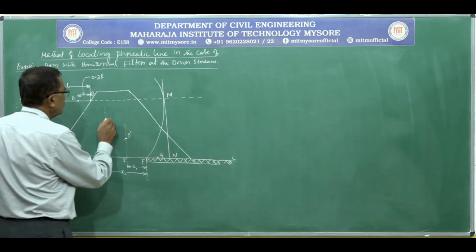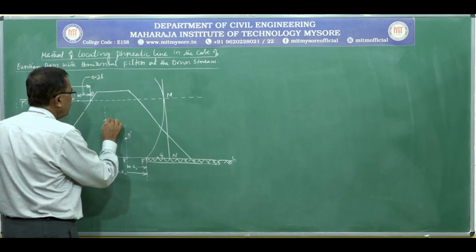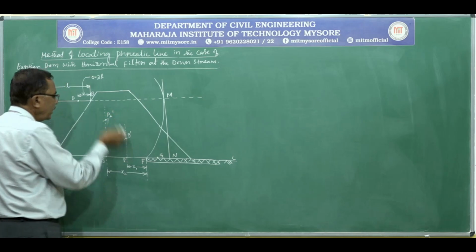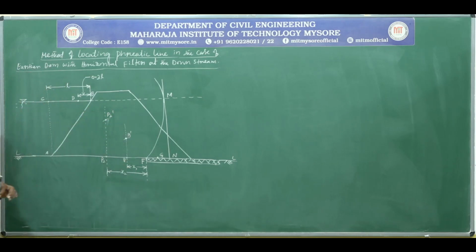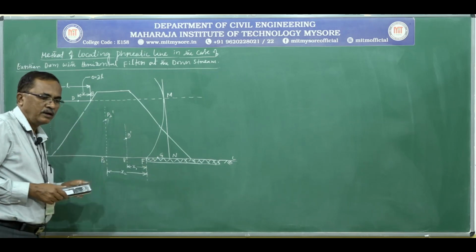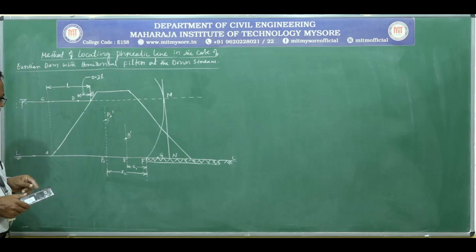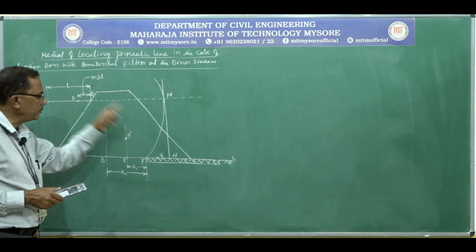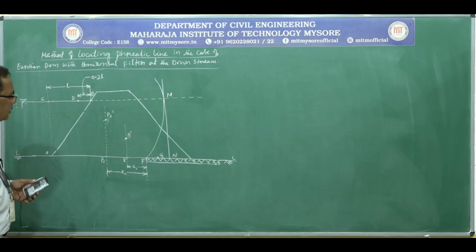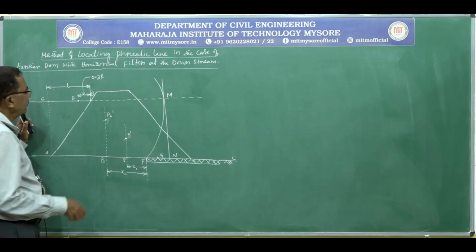So, this is P2 dash. Likewise, you can mark any number of intermediate points between the commencing point and the end point of the phreatic line. Then, after marking the intermediate points, we can draw the phreatic line.